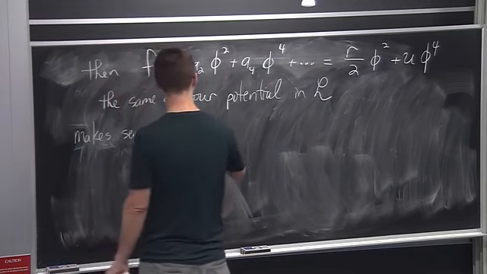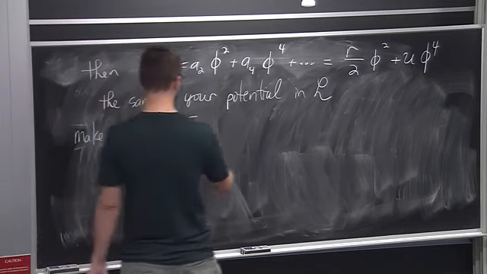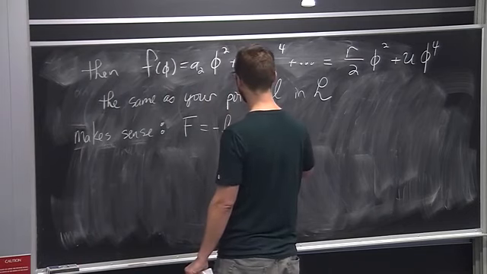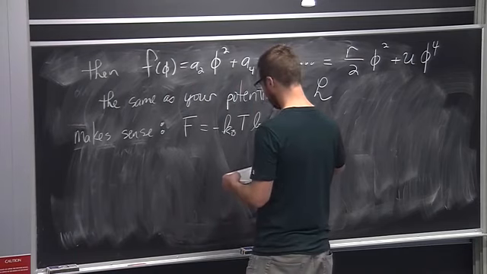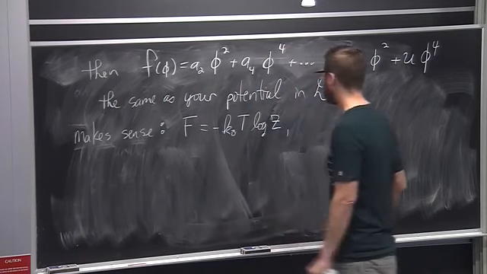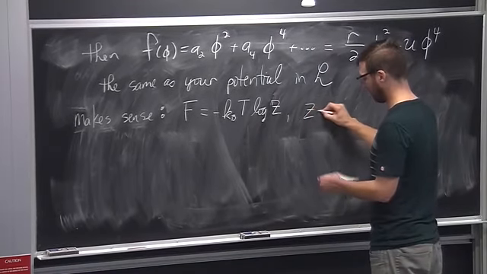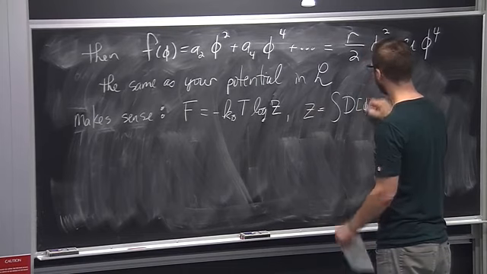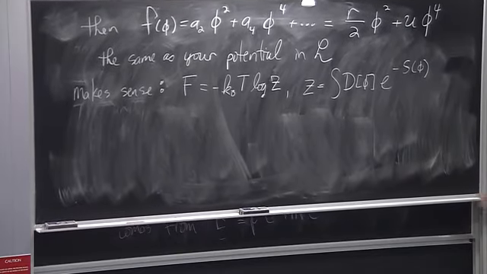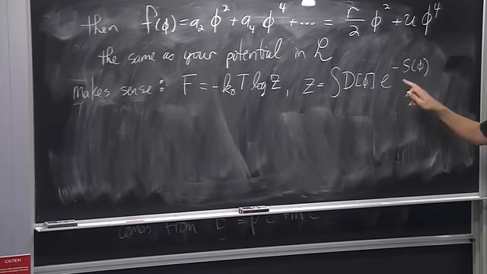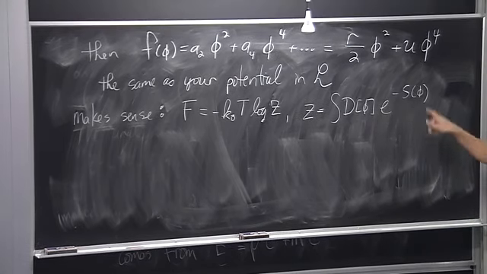Because if you think of what we're doing, we're looking at a free energy, or free energy density, but a free energy is defined as minus Boltzmann constant T, or 1 over beta, log of the partition function. Right, and our partition function could have been written as this functional integral, and in the saddle point approximation, we're just looking at the value where this is maximized.